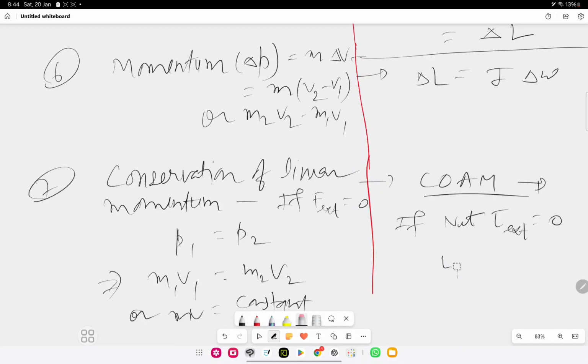Angular momentum remains conserved means what? L will be constant at any time. L will be constant means we can say that L1 is equal to L2, isn't it?